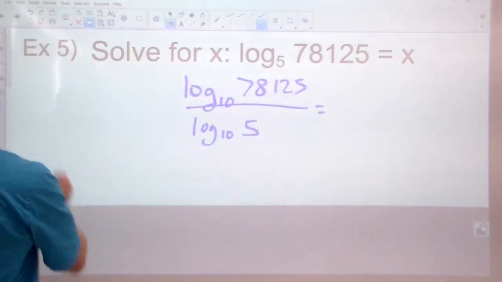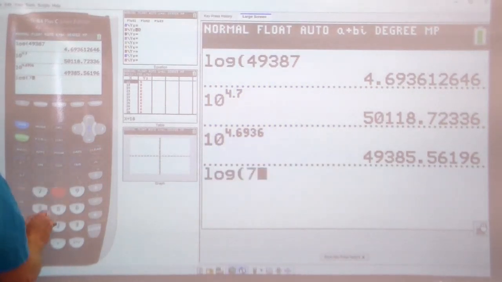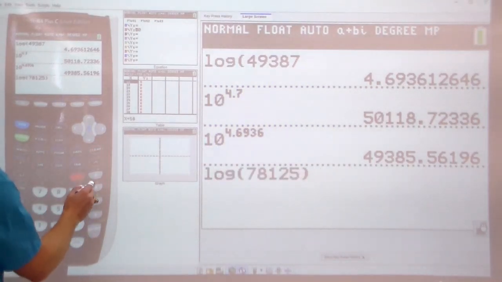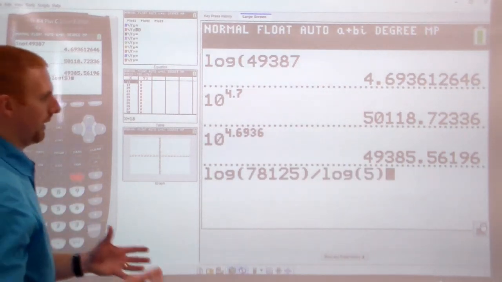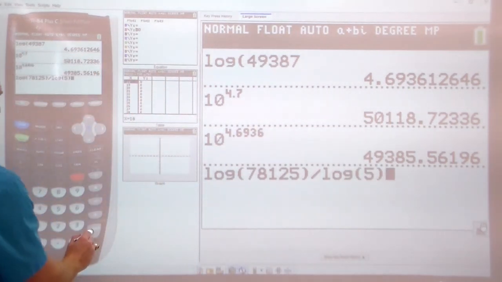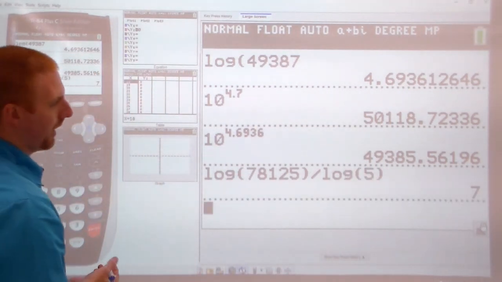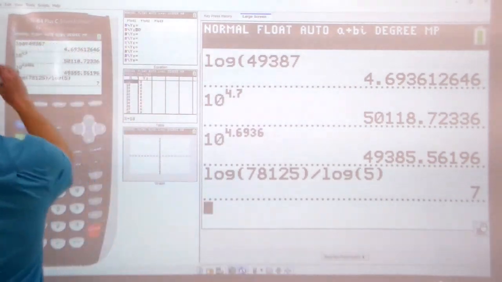I can just do that in the calculator. So log of 78,125 divided by log of 5. I'm just saying log because it's base 10, it's understood. And the change of base formula lets me do that. And you get 7. So it turns out 5 multiplied by itself 7 times would make this true.